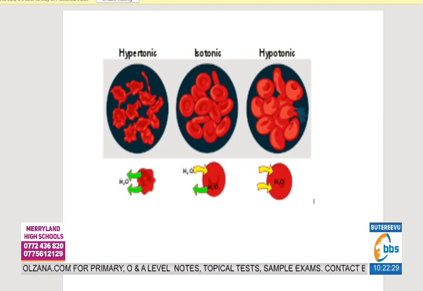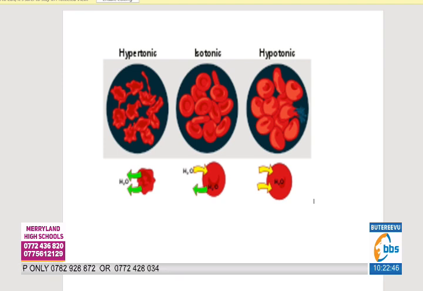Hypotonic means that the red blood cells are placed in a system that has more water than them. So you can see there is one where we have some blue spills coming out of the red blood cell. In hypotonic, the red blood cells are placed in a dilute solution.